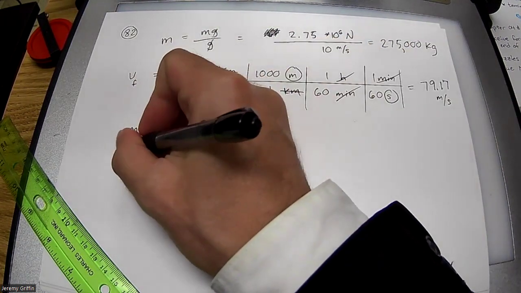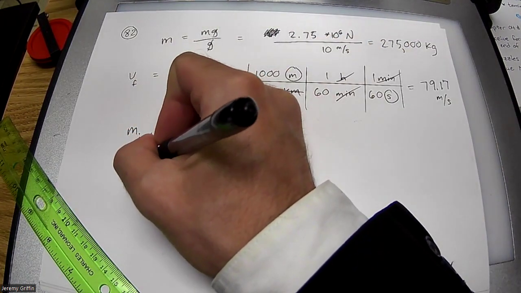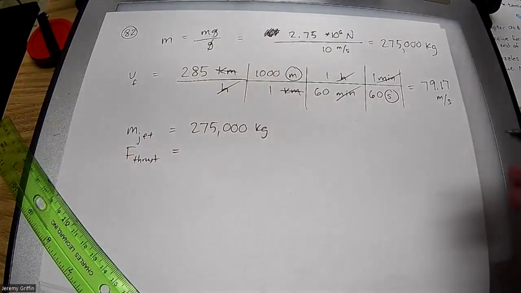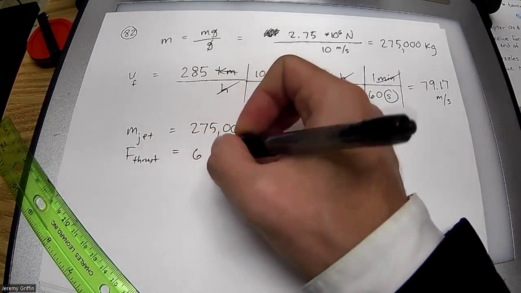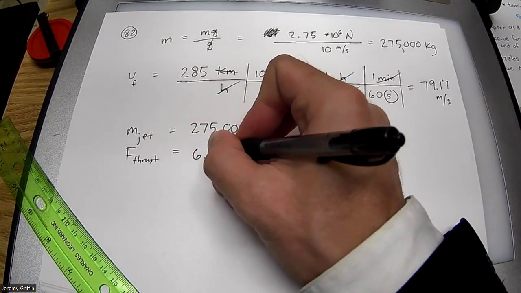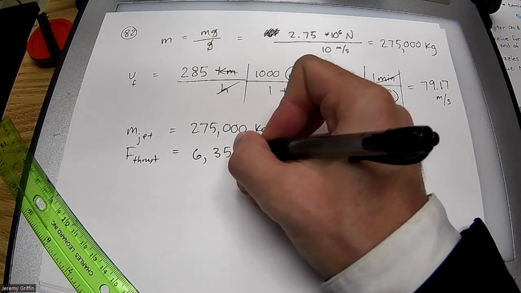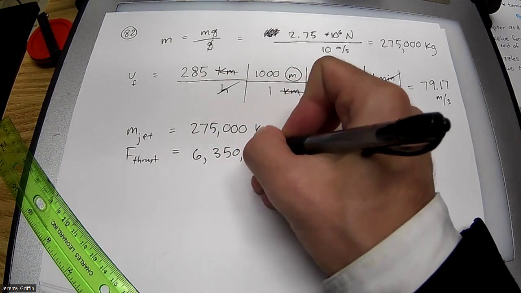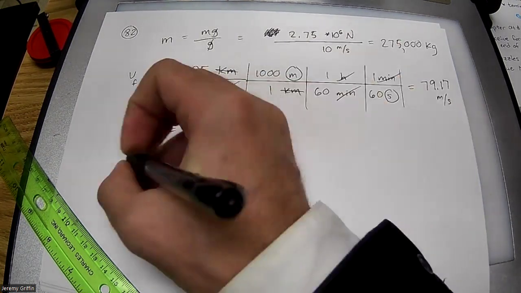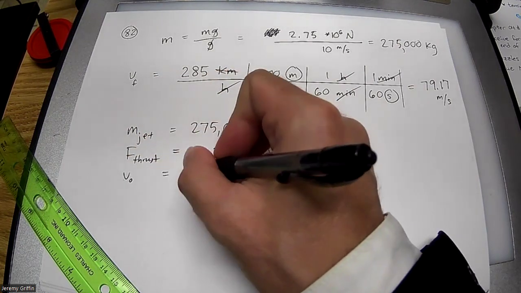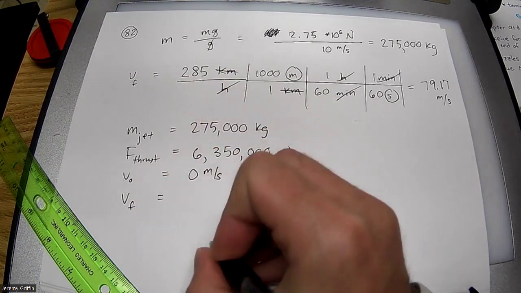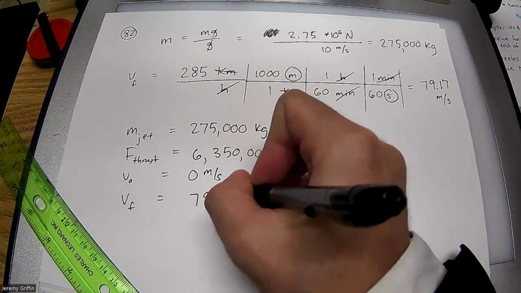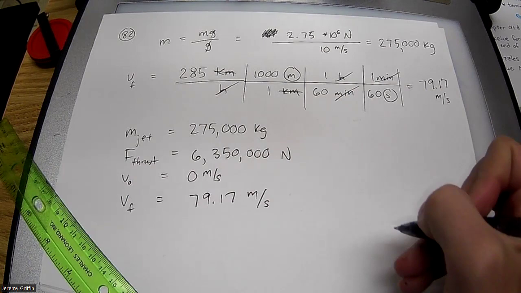I know the thrust force, which is going to be the net force, is, here, I'll write out the number full just so you get a different perspective on it, 6 million something newtons thrust force. I know V naught is 0 meters per second. I know the final, the takeoff speed, better be 79.17 meters per second.